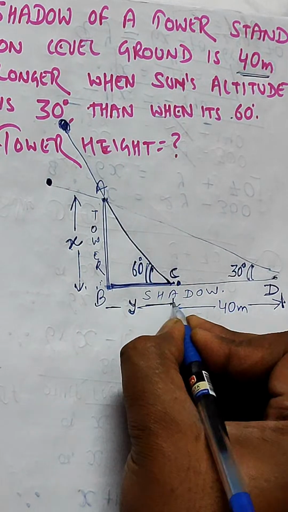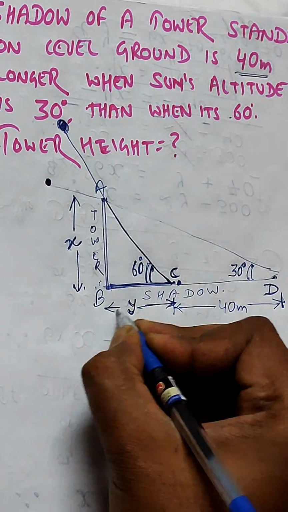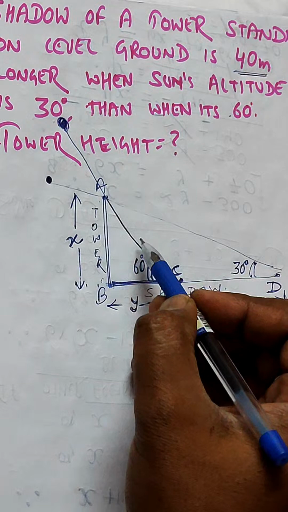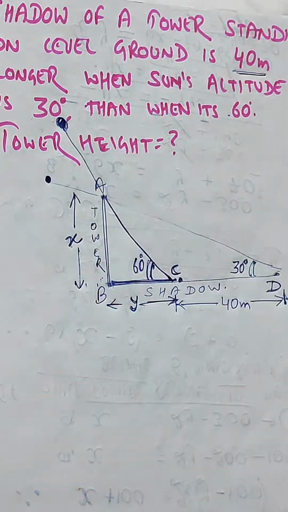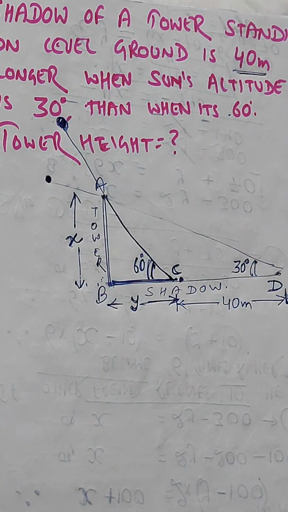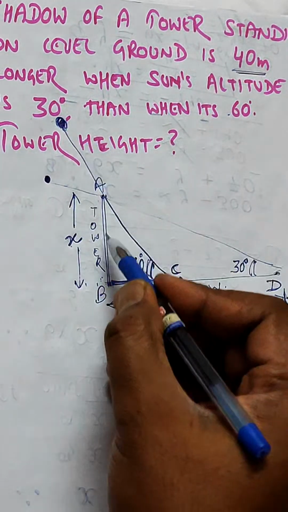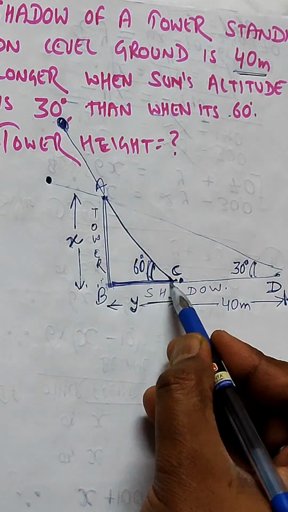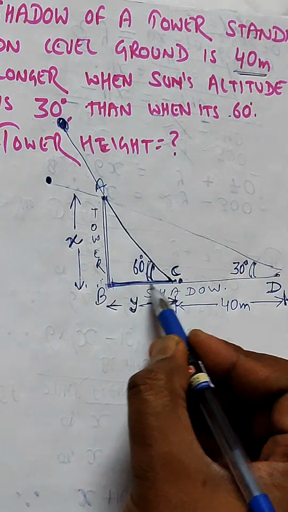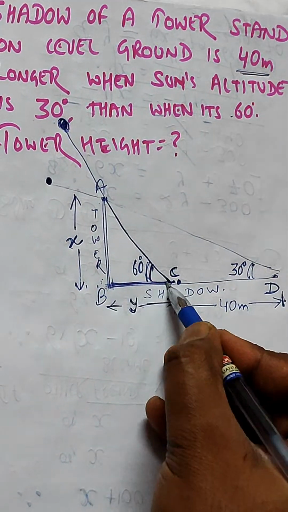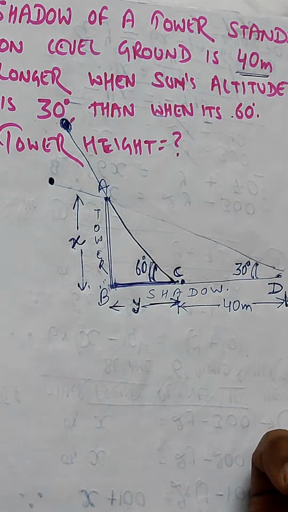B to C means the shadow length when the elevation was 60 degrees for this sun. For 60 degrees, this will be the angle of elevation for the sun, and the shadow of the tower AB is formed as BC, and we assume BC as y, right?